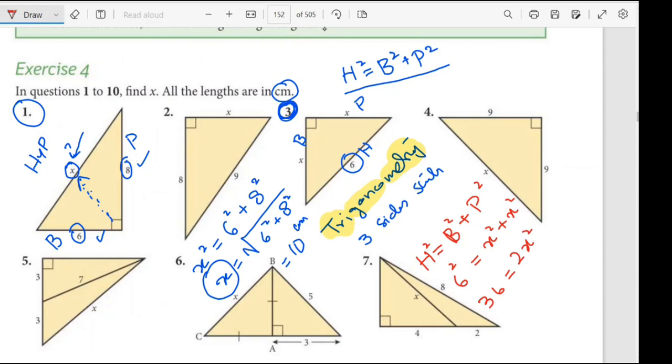Am I right? Now 2 is multiplying with x square, on the other side it will divide. So 36 divided by 2 is equal to x square. 36 divided by 2 will be what? 18. 18 is equal to x square. Yes, Rehan. When I remove the square, the root will come. Under root 18 is equal to what?